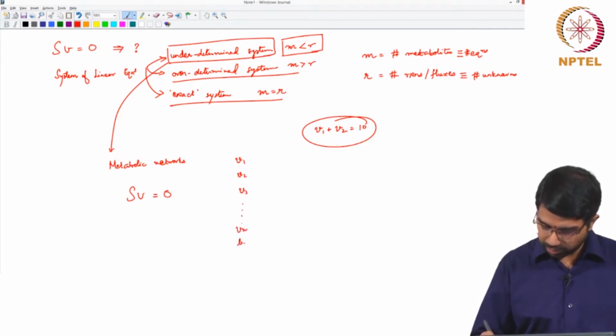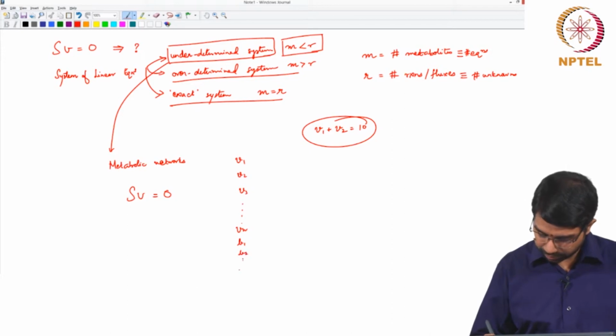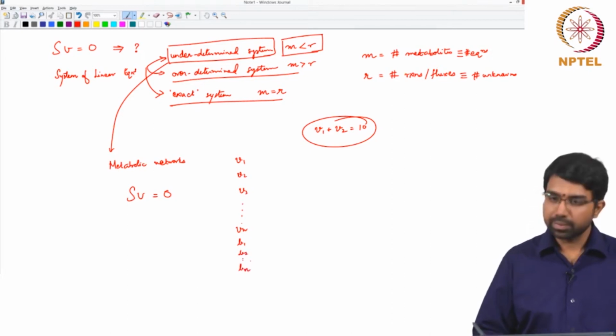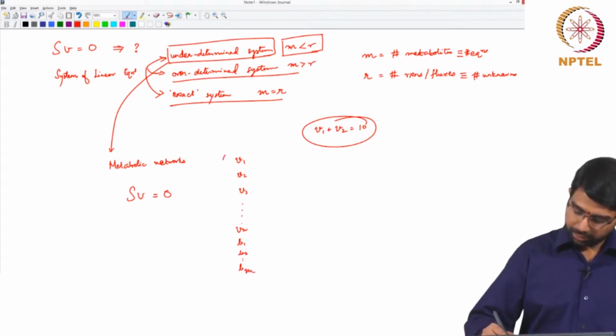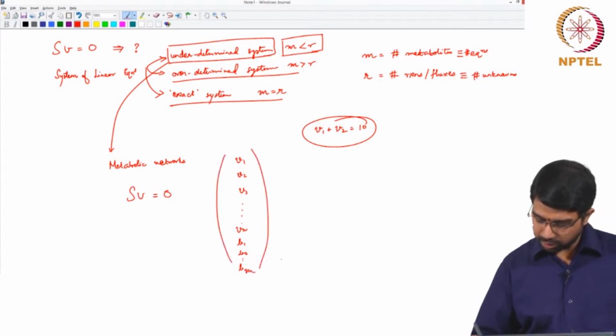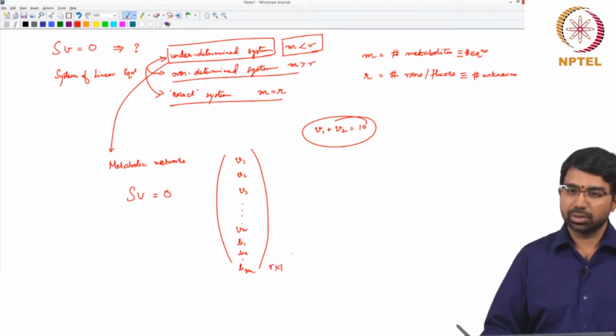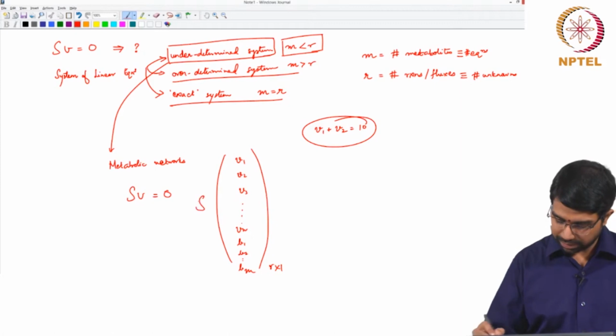You can also think of external fluxes, so it may not be an N, it can be an M, right. This is going to be your R cross 1 vector that you are going to find out. This is what multiplies S.